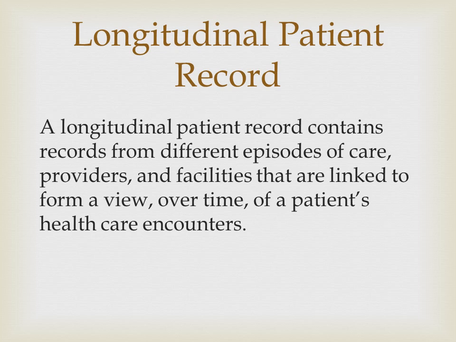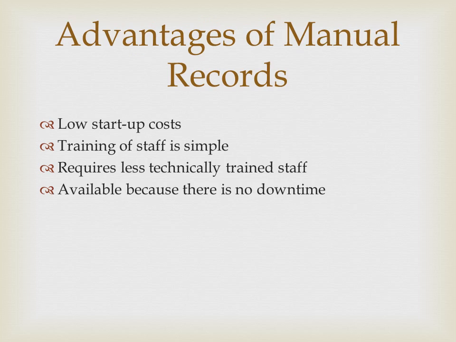Then they have a follow-up with their primary physician, and the record follows them there. And if they go on to see a specialist, the record follows there. Their record just continues to follow them wherever they go, and we call that a longitudinal patient record.